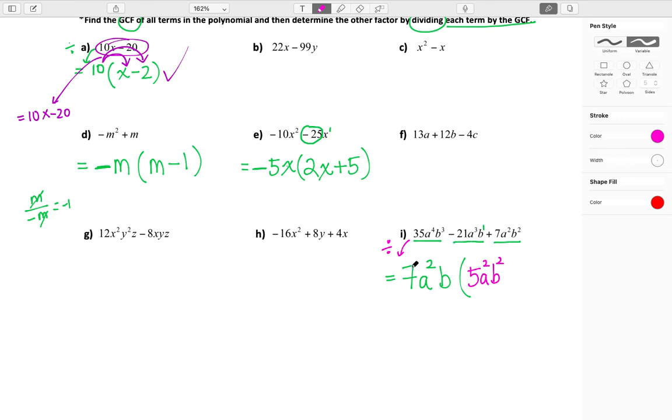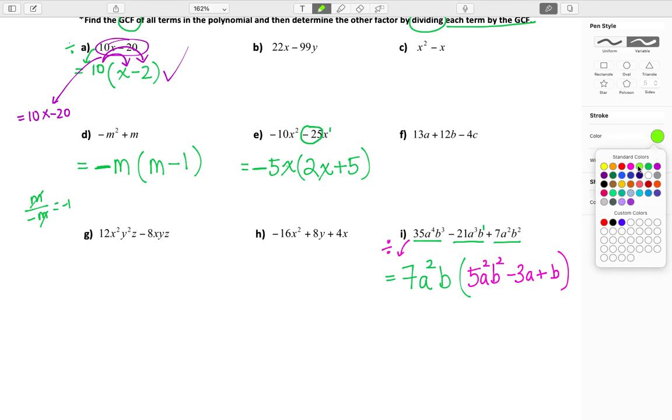And negative 21 divided by 7 is going to give me negative 3. a and b cancel out. That's great. And then 7 divided by 7 becomes positive 1. And then a cancels out, so I'm left with b. So I will just replace it with 1b. So 1 is invisible, and you close the bracket.